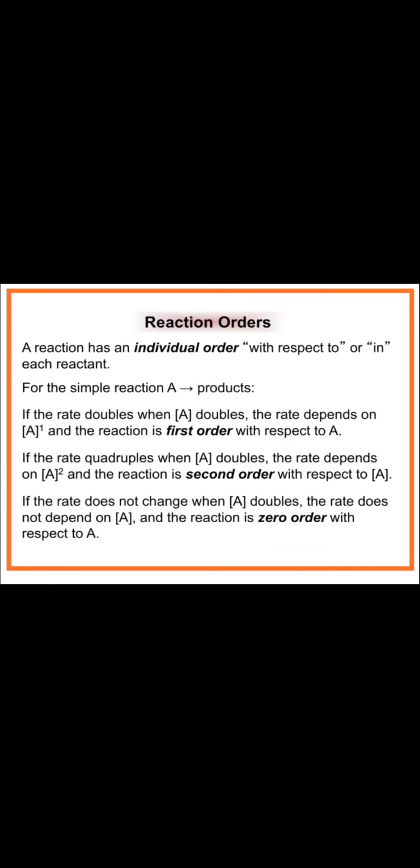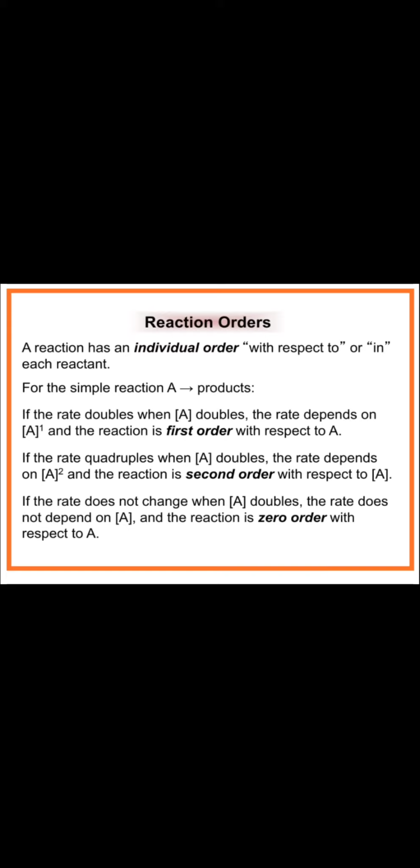Now, I already explained the reaction orders. Now I just revise here. What exactly is order? Every chemical reaction has a specific order with respect to its reactant. Here is a simple hypothetical reaction, A converted to product.